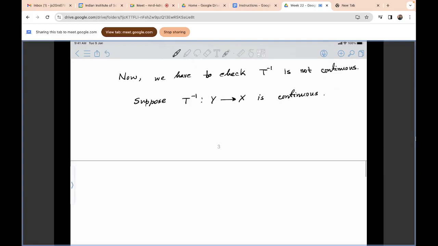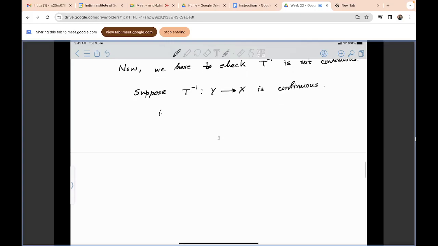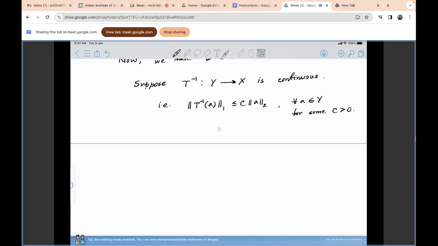Then for a linear operator, what is the definition of continuity? It means the L1 norm of T inverse of a is less than C times the L2 norm of a, for all a in Y and for some positive C. Okay, so suppose this holds.